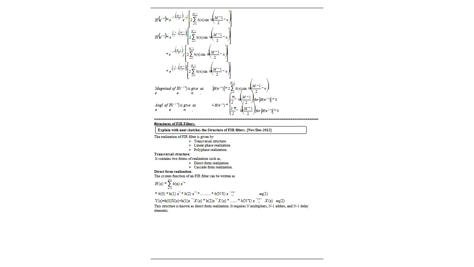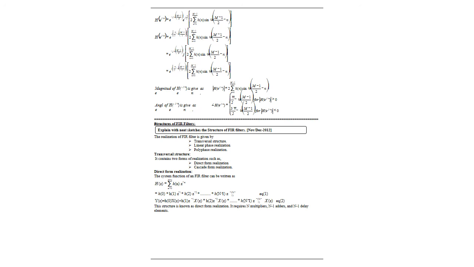So the magnitude is modulus H of e power j omega equal to 2 into summation n equal to 0 to (M minus 2) by 2 h of n sin omega ((M minus 1) by 2 minus n). And the angle is pi by 2 minus omega (M minus 1) by 2 for modulus H of e power j omega greater than 0, and 3 pi by 2 minus omega (M minus 1) by 2 for modulus H of e power j omega less than 0.